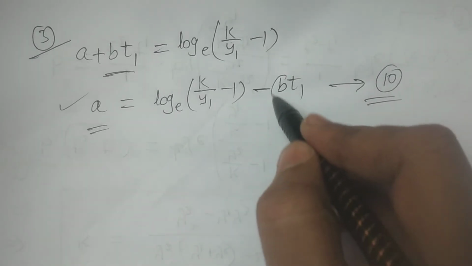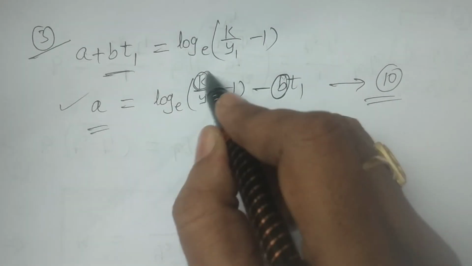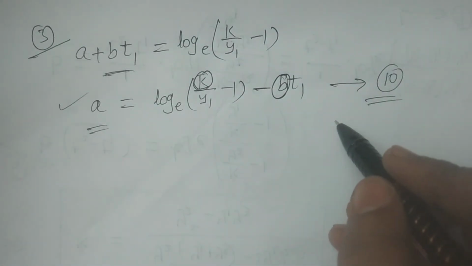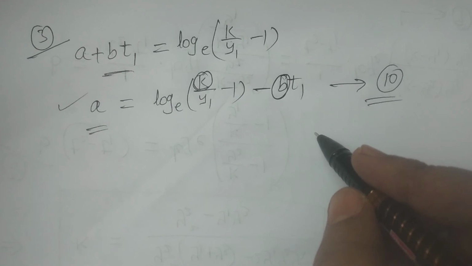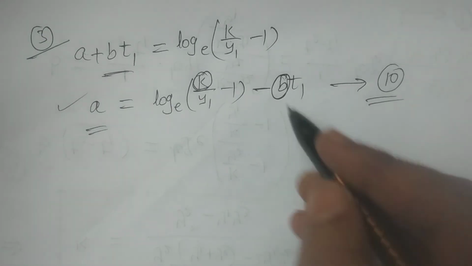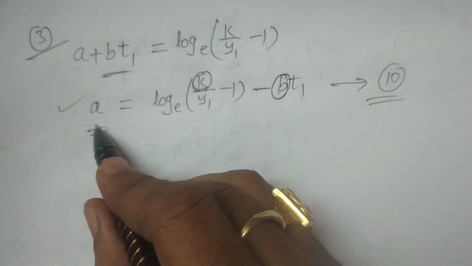The values of b and k should be obtained from equations 8 and 9, where you have formulas. You use the formulas of b and k and substitute the values here. You will get the value of a.